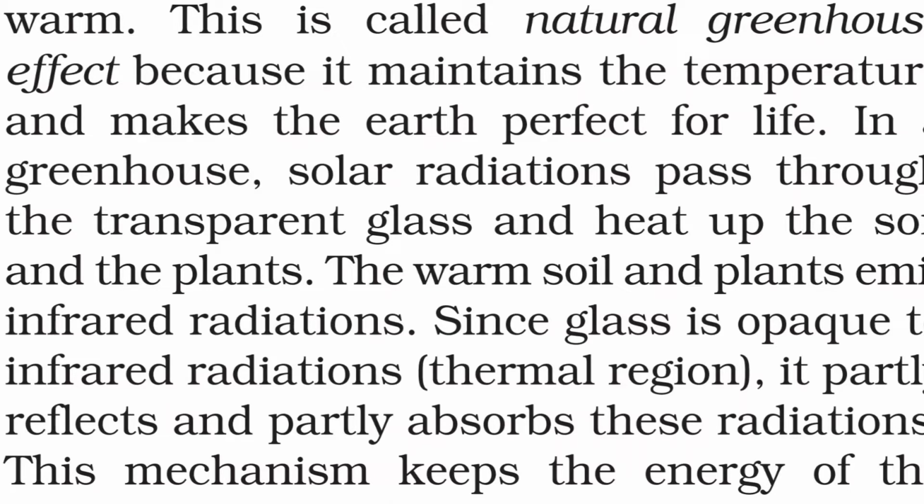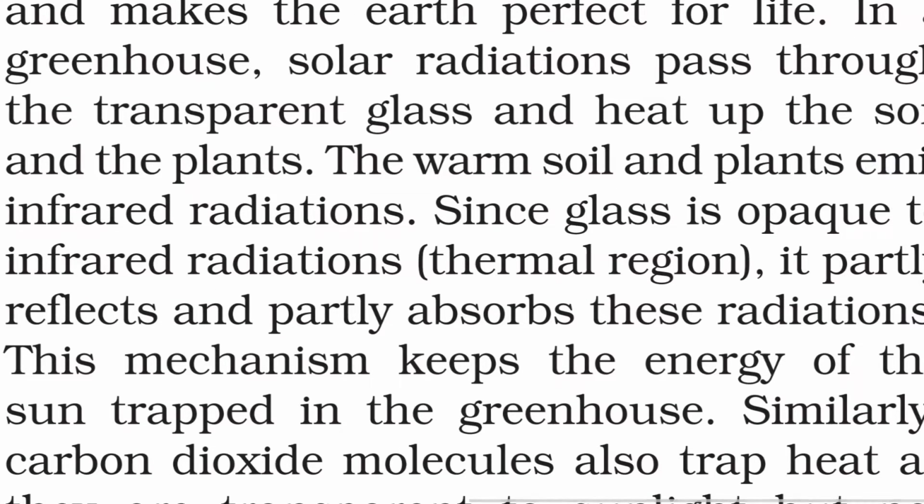Visible radiation means light. That light can pass through the glass house, but when light is reflected from the earth, it moves in the form of heat. That's called infrared IR radiation. So IR radiations cannot pass out from the glass house, which is opaque. They are partly reflected and partly absorbed.